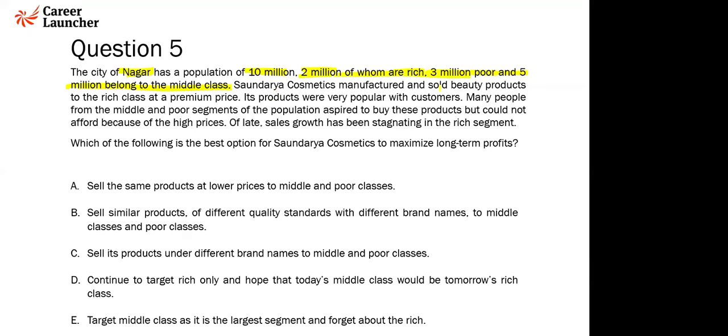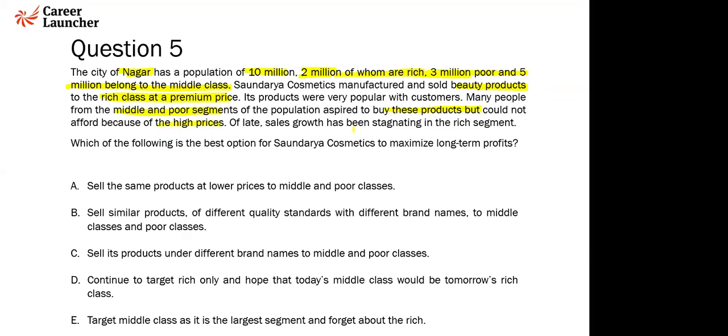Saundarya Cosmetics manufactured and sold beauty products to the rich class at a premium price. Its products were very popular with customers. Many people from the middle and poor segments of the population aspired to buy these products but could not afford them because of the high prices.